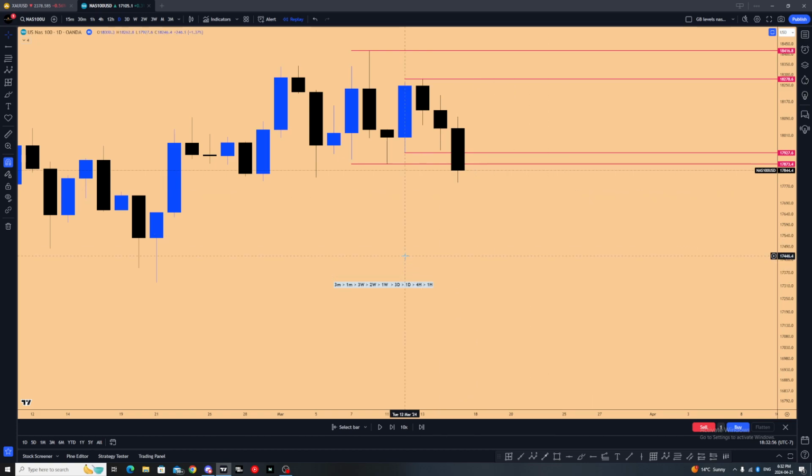So let's say we have an inside 2-week candle failure. The 2-week candle takes 2 weeks to play out. And in between, you will have inside daily candles forming within the 2-week candle, which will act as a trigger for you to go in accordance with whatever the 2-week is doing.